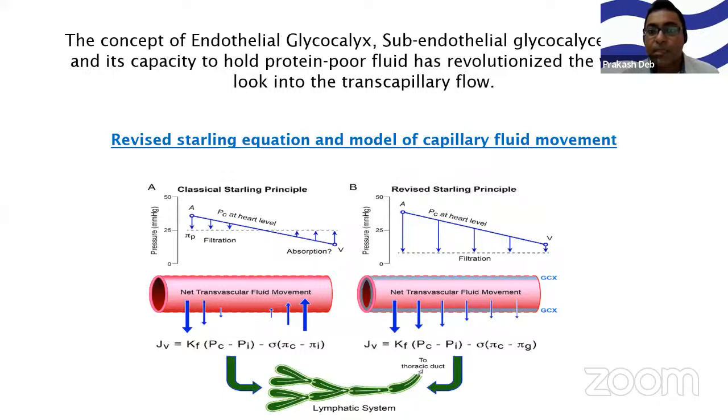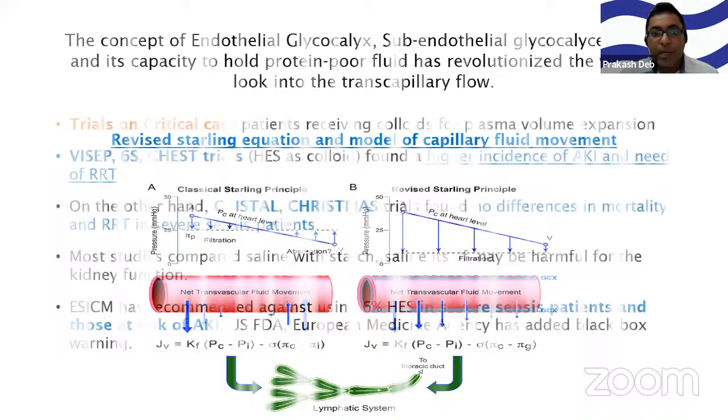This concept has actually revolutionized the way we look at the transvascular flow of fluid. You can see here the revised Starling equation, where the interstitial oncotic pressure has been replaced by the glycocalyx oncotic pressure. We'll come to the implications later on.